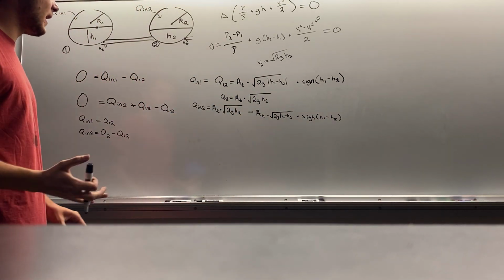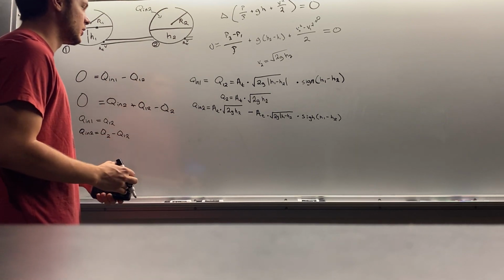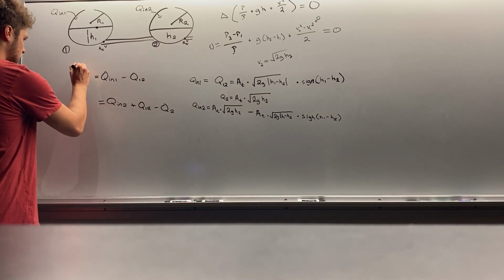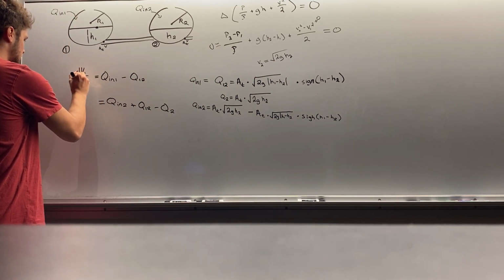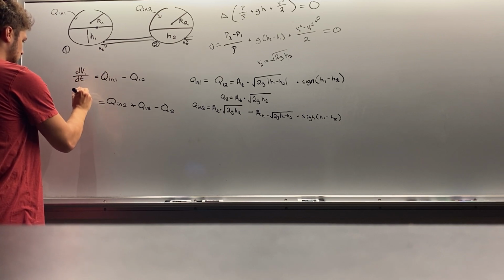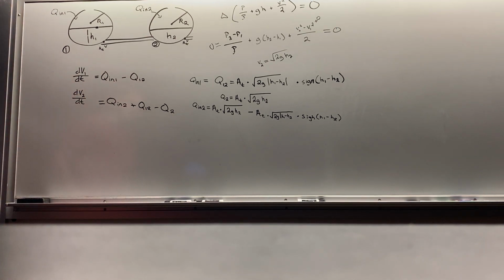But let's say that we know our initial velocities, but then we change it. So coming back here, we know dV1 over dt. So let's say we change our initial or our incoming flow rates.